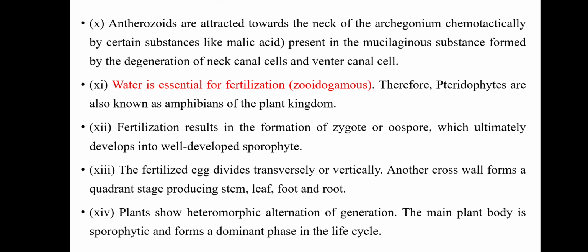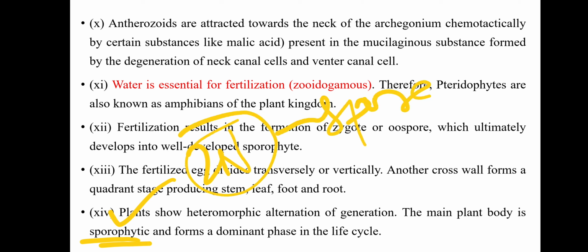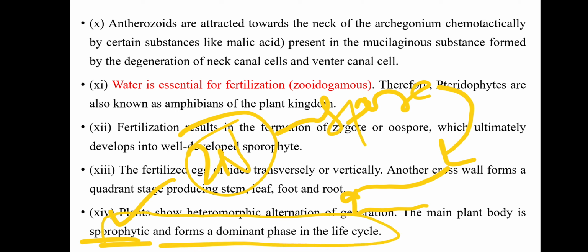The main plant body is sporophytic, but in bryophytes it is gametophytic. Here the main plant body is sporophytic, that means 2n or diploid, and produces spores. That spore germinates to give rise to the gametophytic plant, and here the sporophytic phase is dominant.